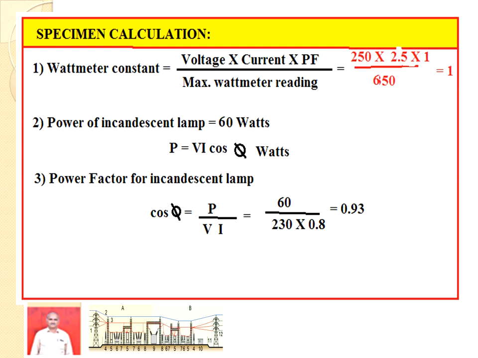Then we go for a very important part. There is a need for specimen calculation. How these readings have been processed, we have to show the calculation with formulas, then substitution, then show the result. Very first we require the wattmeter constant. If we are using a digital wattmeter, it is not required.